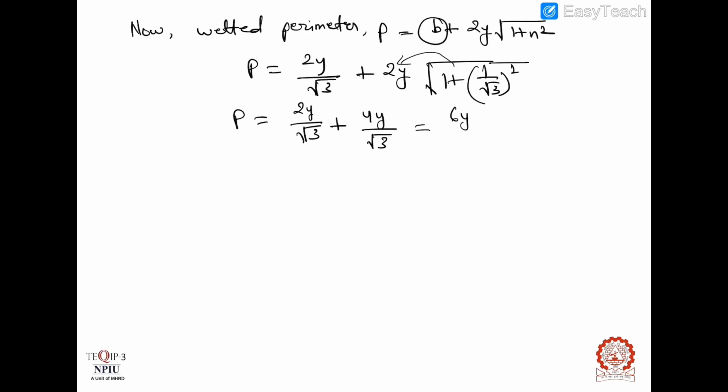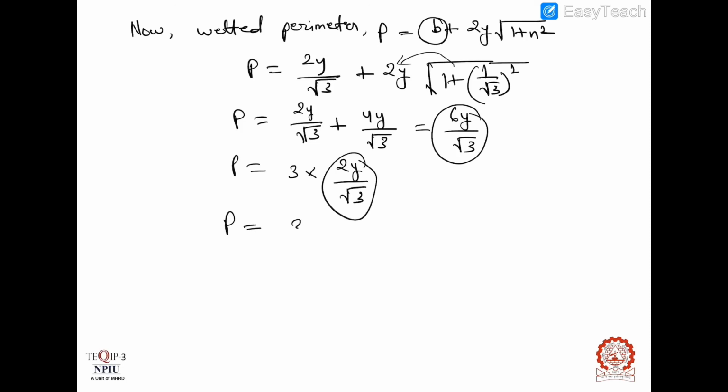So this is 6y divided by root 3, which is 3 multiplied by 2y by root 3, and 2y by root 3 is nothing but b. So P is equal to 3 times b.